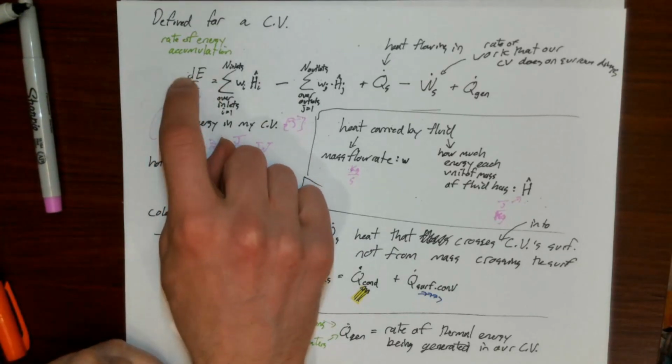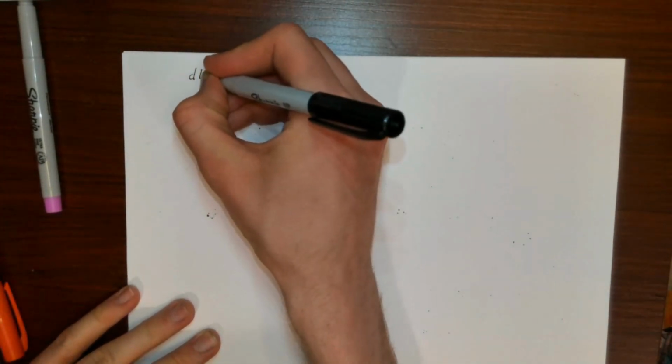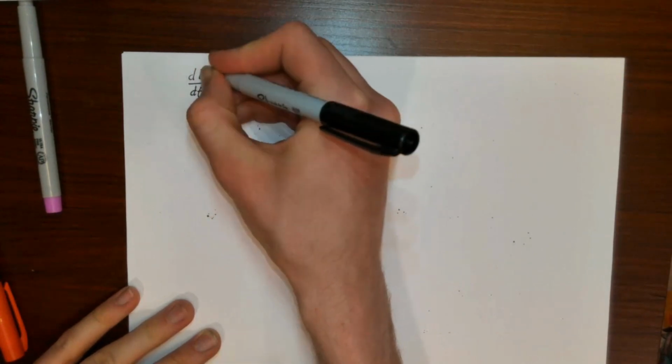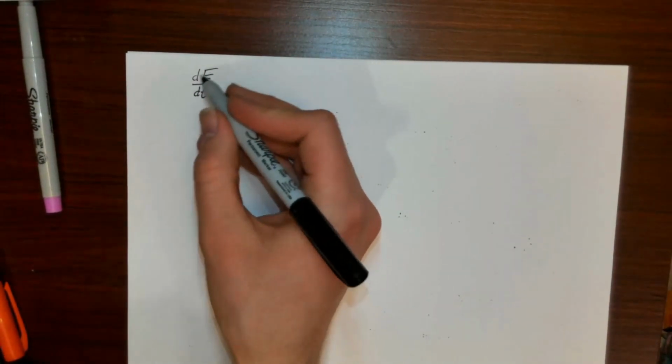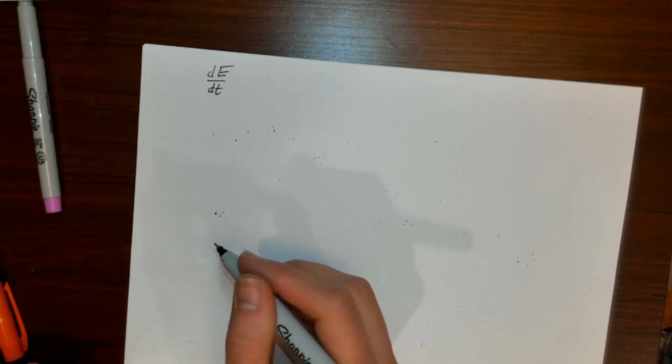So let's take a closer look at this accumulation term right here. If I think about this accumulation term, it's d energy dt, where the energy is the total energy of the system.